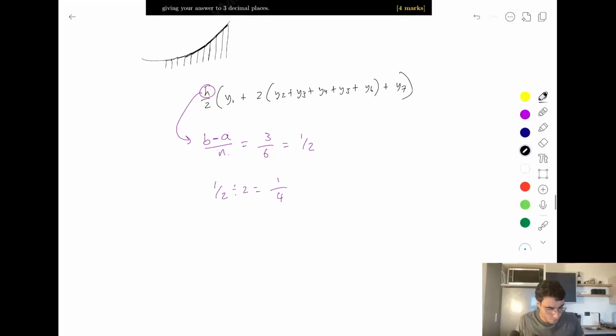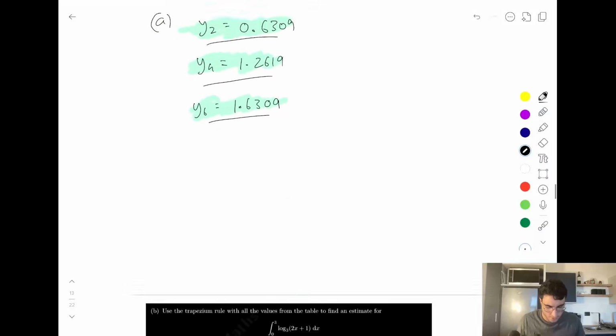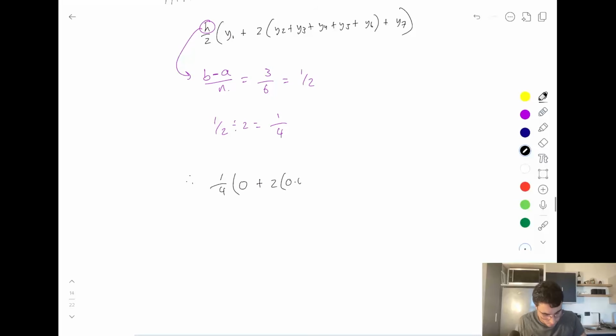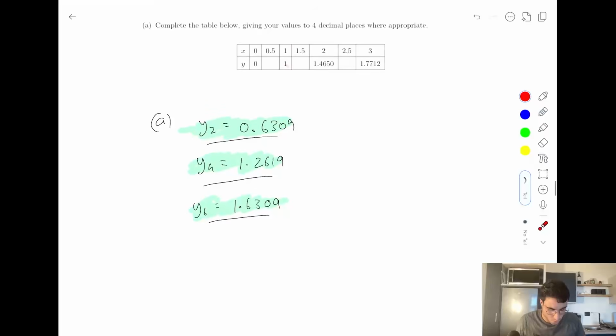Okay, so therefore what we have is a quarter of 0 plus 2, and from there we're going to have y2, which is 0.6309, y3, which is 1.